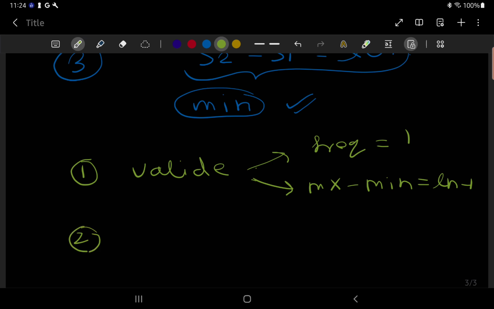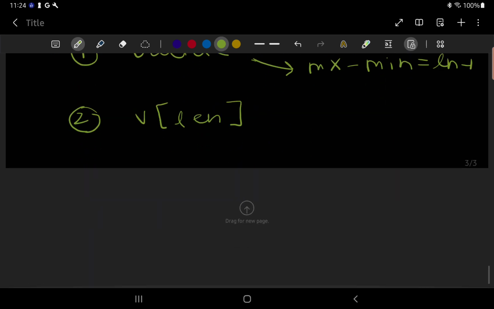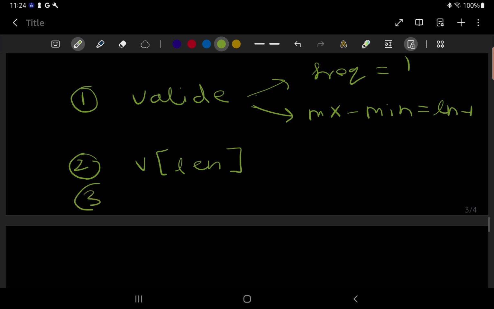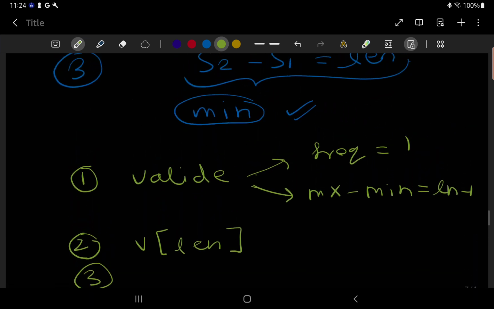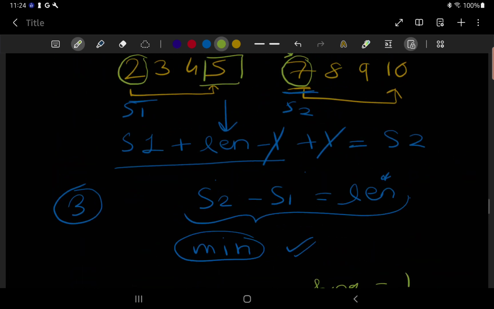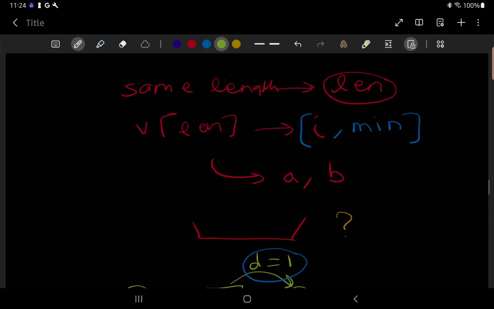Second part was we store all these segments in a vector by length, like store it according to their lengths. And the third part was to check our condition.